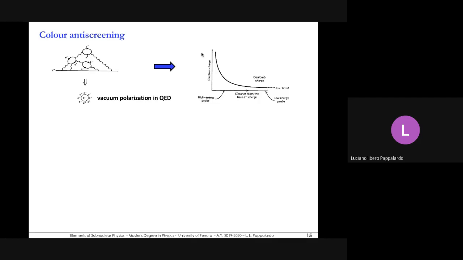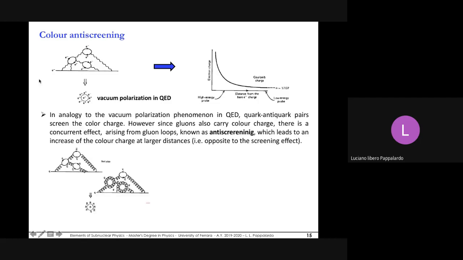Okay. Now, this is for QED. What about QCD? So, in analogy to the vacuum polarization in QED, also quark-antiquark pairs screen the color charge. So we have essentially the same effect here, okay? But now with the quark-antiquarks.